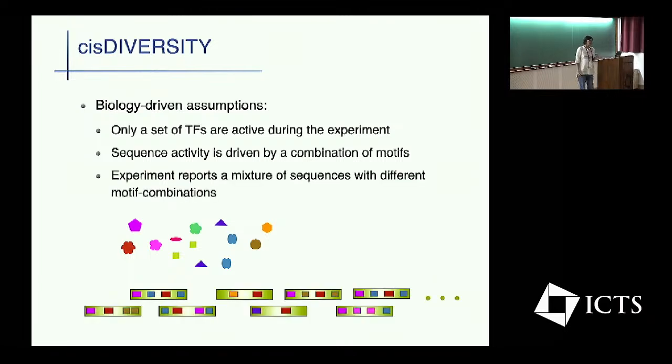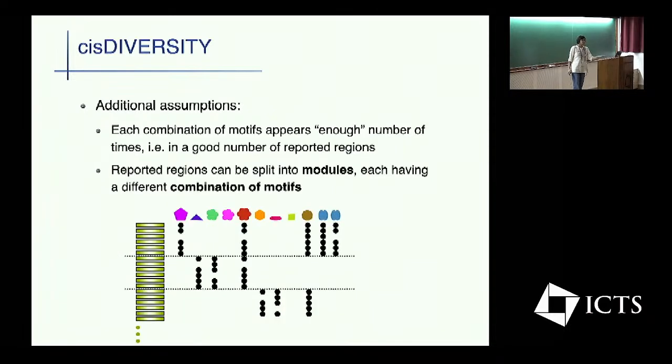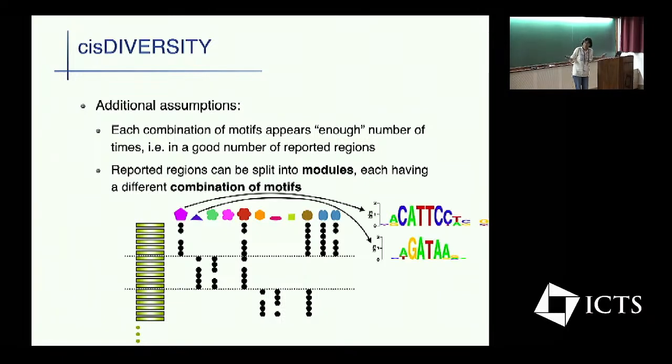And eventually, your experiment is reporting a mixture of sequences with many different motif combinations, but there should be enough instances of each combination to learn. So what we said was, instead of partitioning your data, it's essentially clustering for those who are more computationally minded. It's like clustering, except that you don't know what your features are, so you're learning those as well. You're learning the motifs that are driving your clustering algorithm simultaneously.